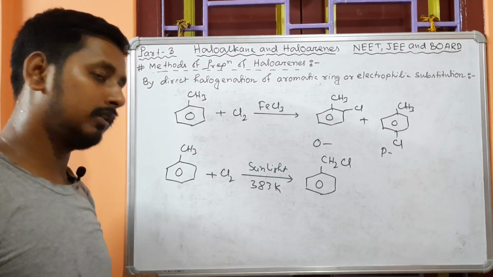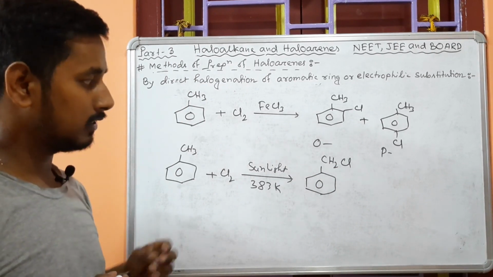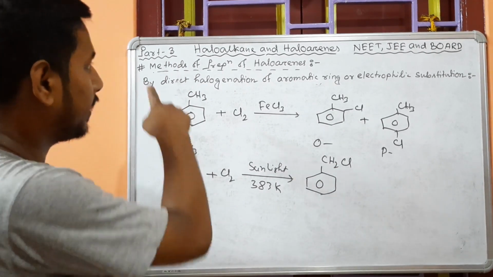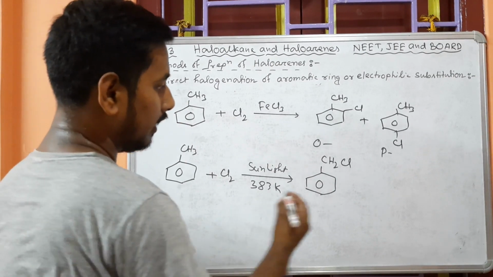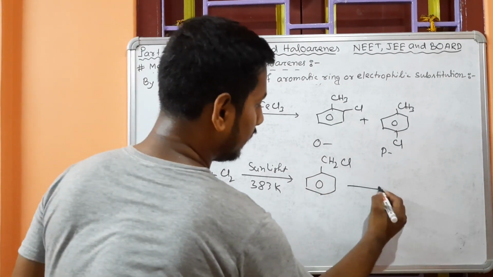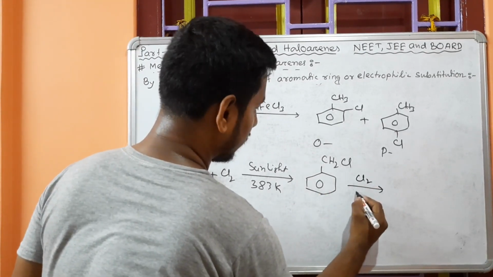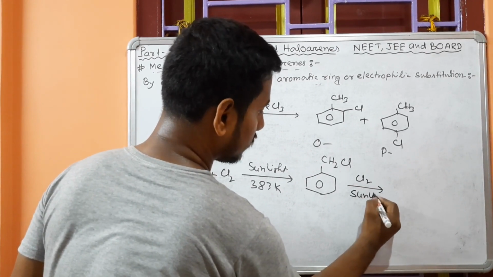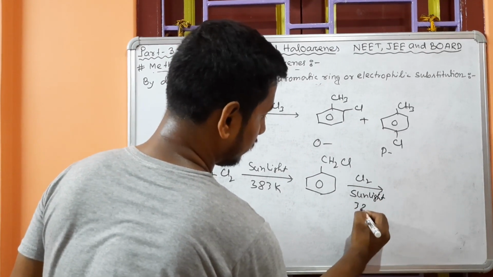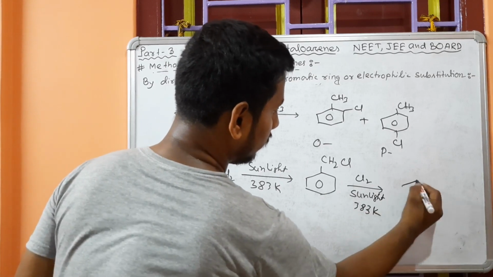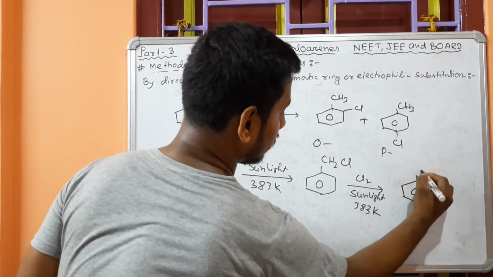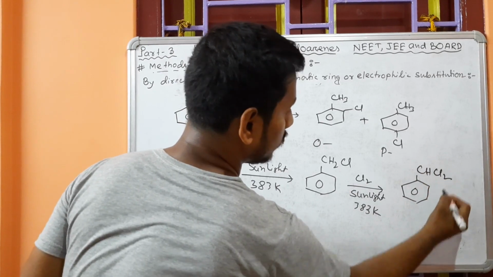Remember, these things will be explained in the second video, in part 2. And if you give Cl2 again here in presence of sunlight at 383 Kelvin, then you get another product, that is CHCl2.